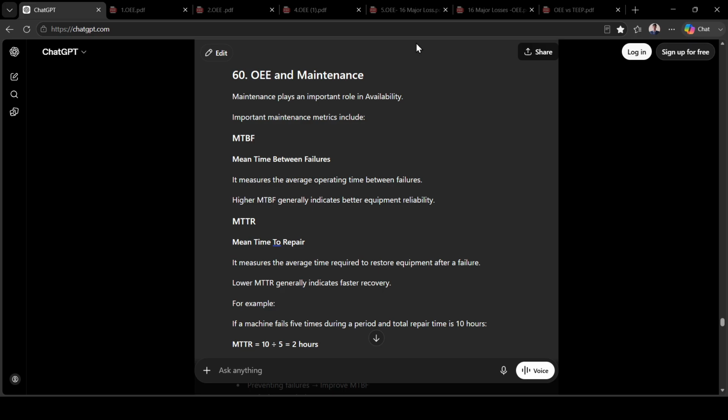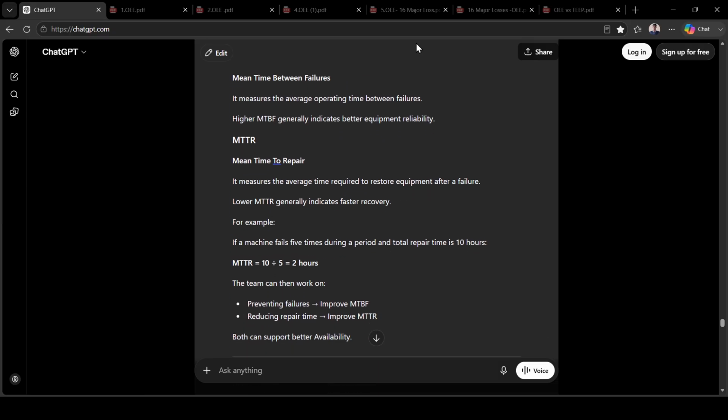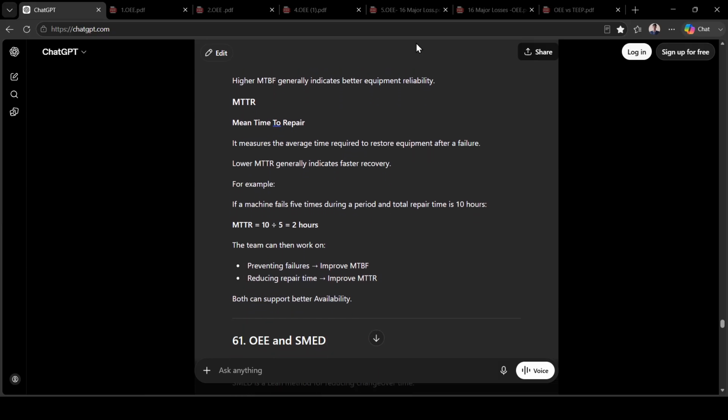Lower MTTR generally indicates faster recovery. For example, if a machine fails 5 times during a period and the total repair time is 10 hours, MTTR is 10 divided by 5, which is 2 hours. The team can then work on preventing failures, improving MTBF, and reducing repair time, improving MTTR. Both support better availability.